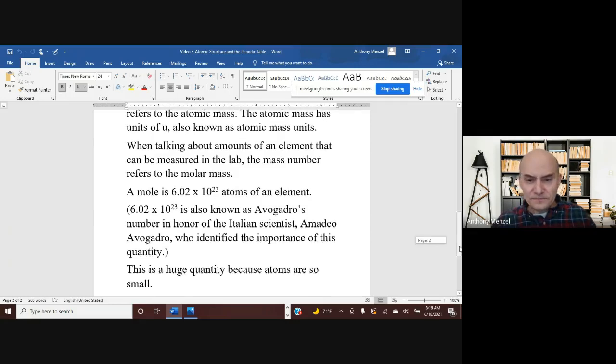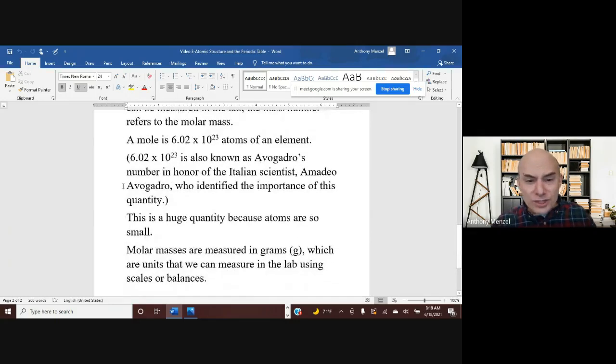This is a huge quantity. You actually move the decimal place 2 over, and then it'd be 21 zeros. It's so big that if you had a mole, 6.02 times 10 to the 23rd basketballs, you would be able to form a whole planet Earth out of basketballs. That's how big this number is.